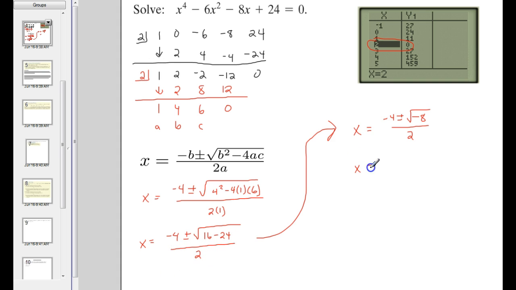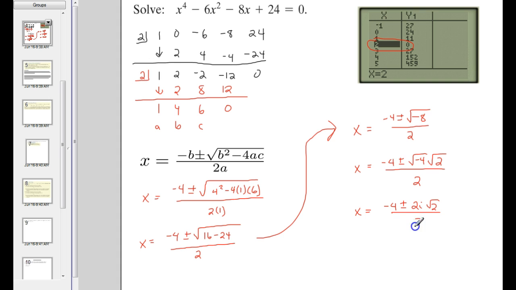Because -8 has a factor of -4, I can write this as -4 times 2 over 2, and then the square root of -4 reduces to i times the square root of 2.